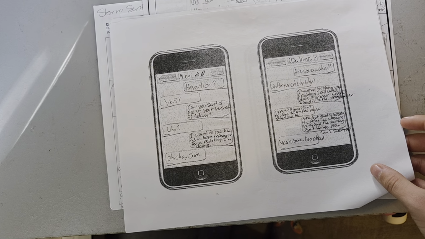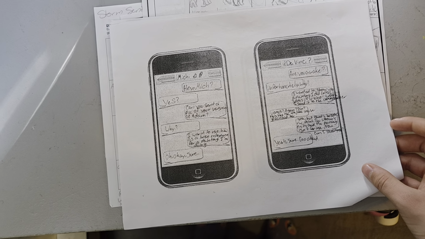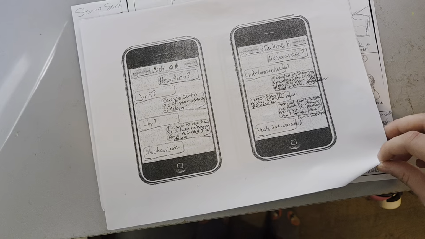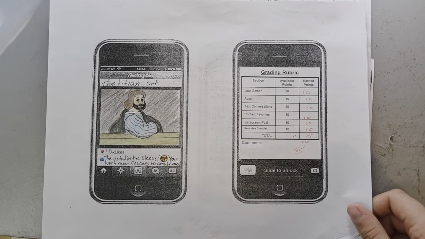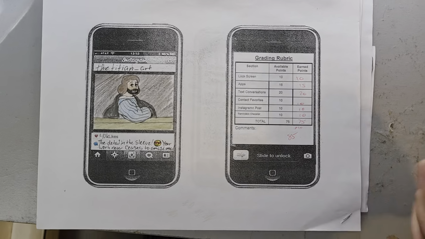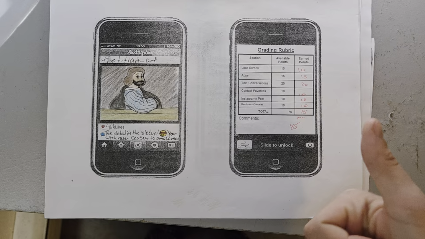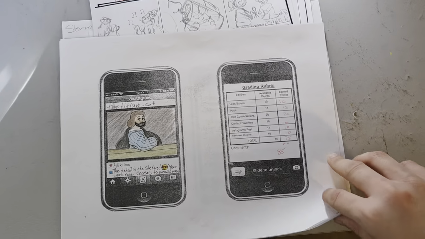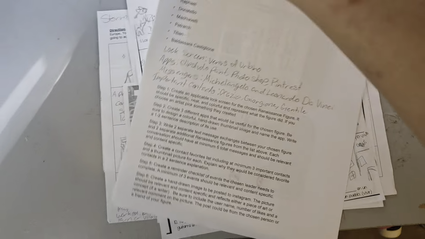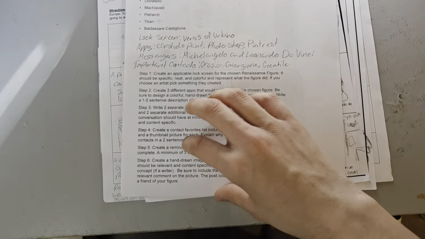Oh wait, Da Vinci? Maybe? No, that's not who drew Venus, I know that for sure. And then this is the last page. I did well on the assignment. I remember this assignment was pretty fun. I liked how my little redraw of Venus turned out.